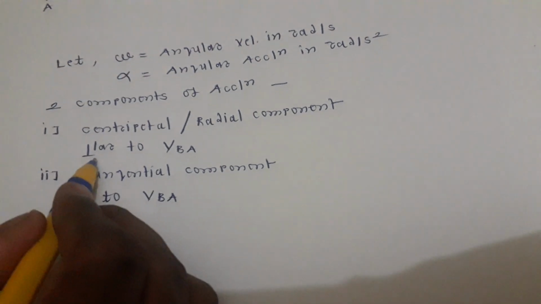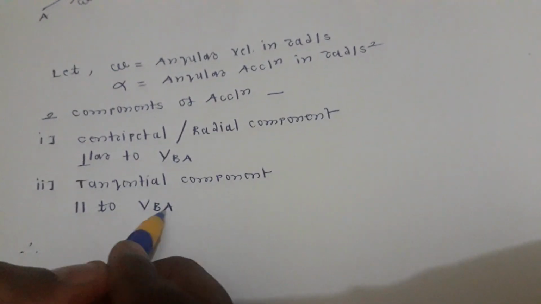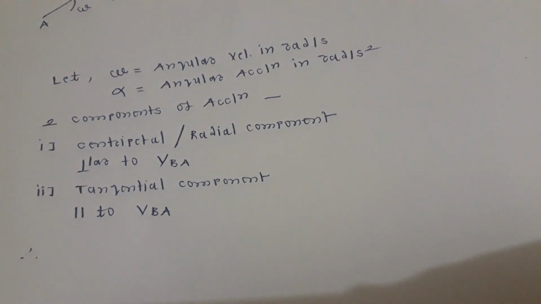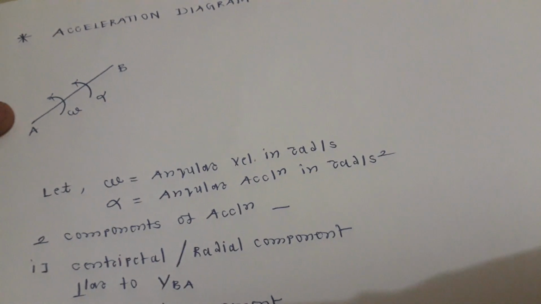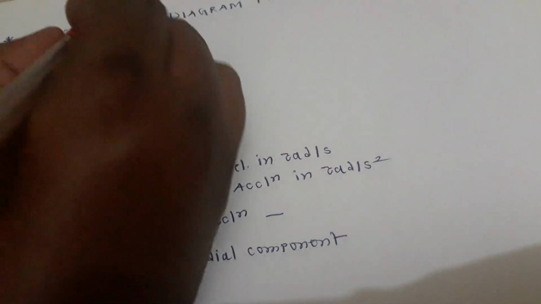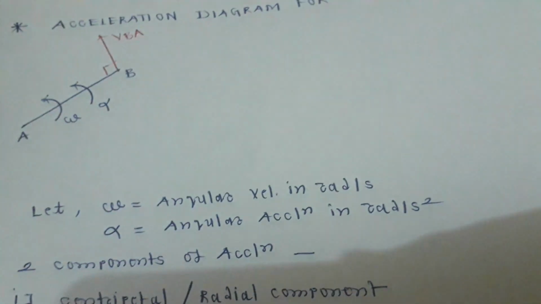Let this be the linear velocity of point B with respect to A. It is shown perpendicular to this link AB.